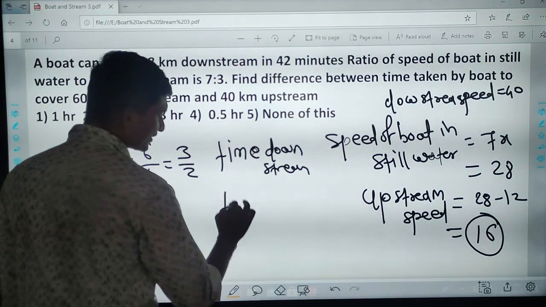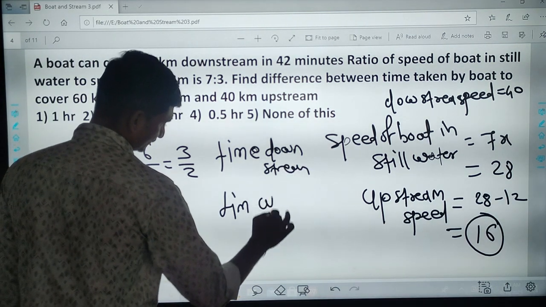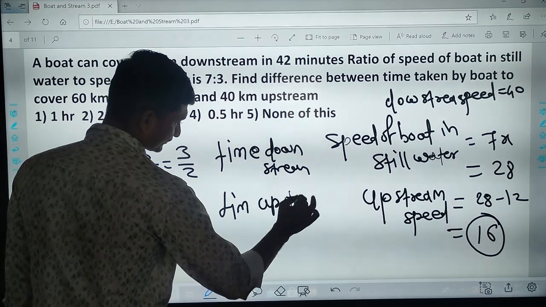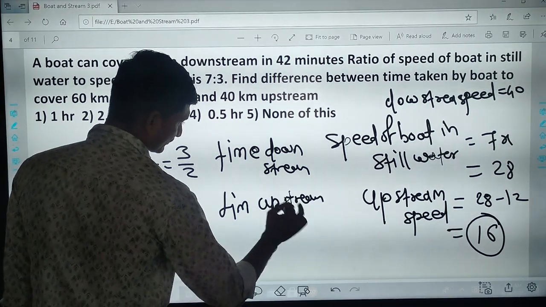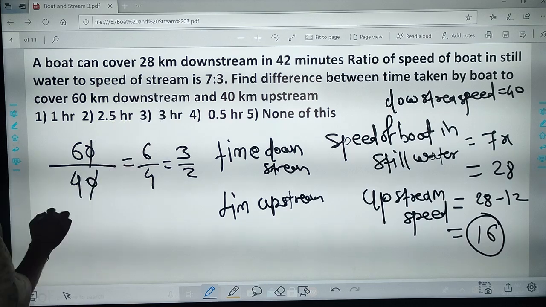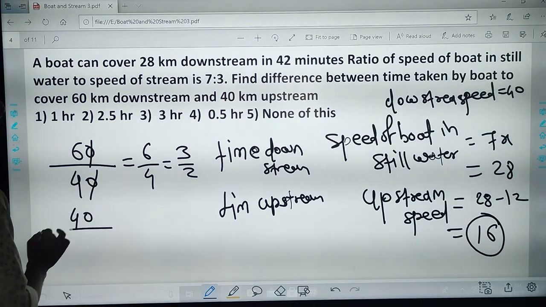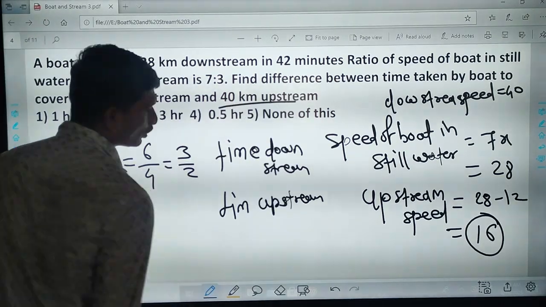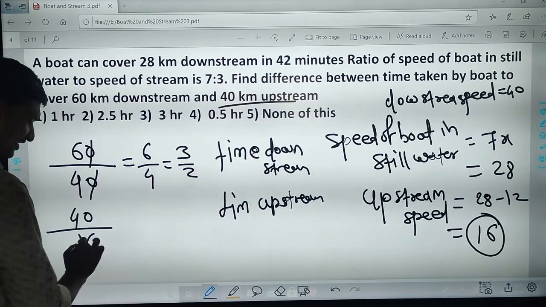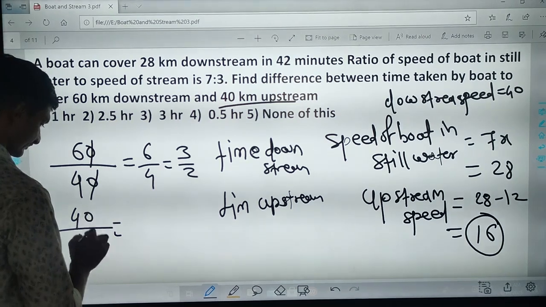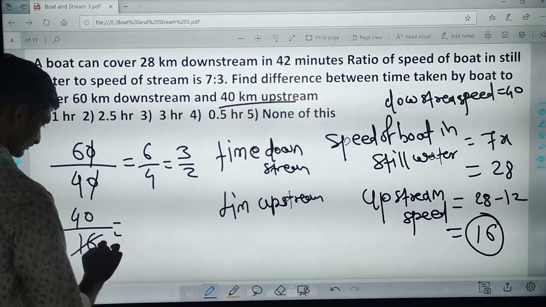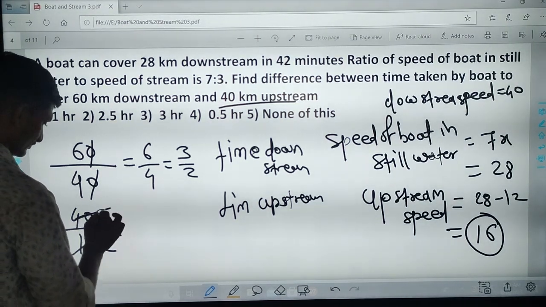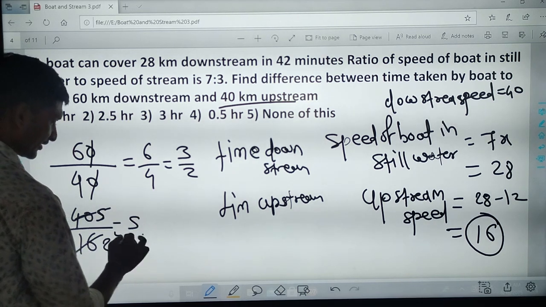And time upstream is upstream distance 40 divided by upstream speed 16, that is 5 by 2.